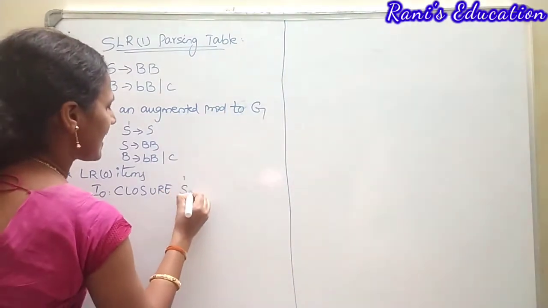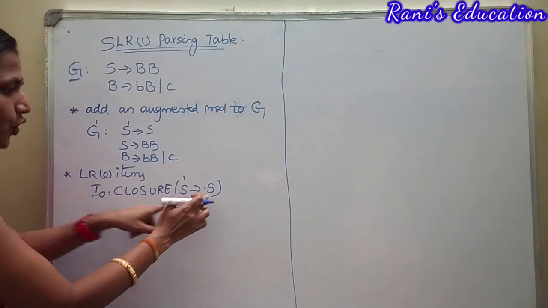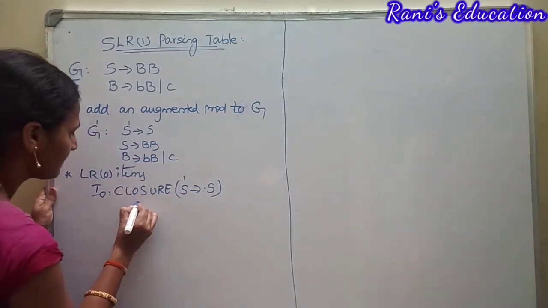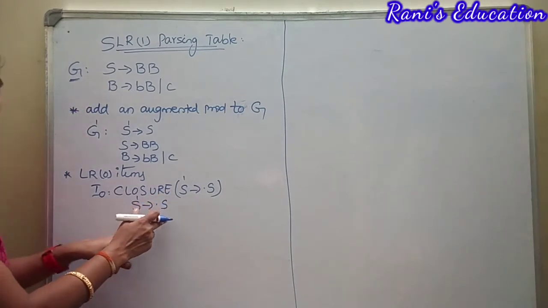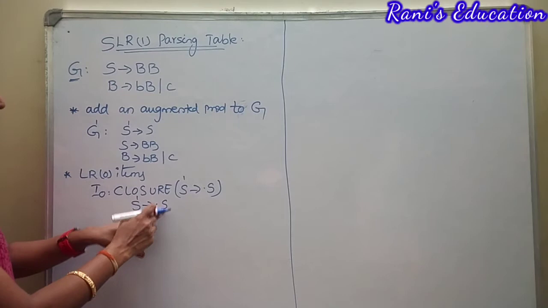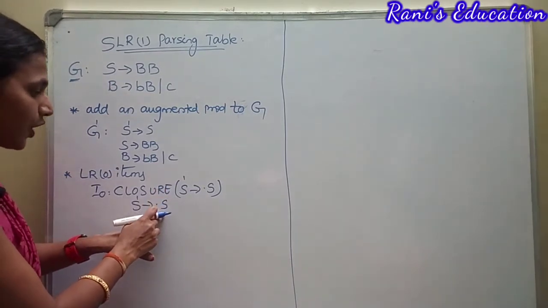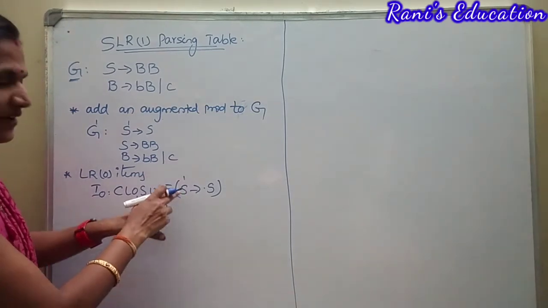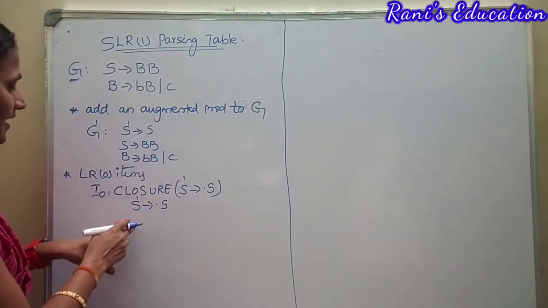Closure of S' → .S. First we copy this production as it is in the I0 item set: S' → .S. After writing it, we observe the body of the production. After the dot, do we have a non-terminal or terminal? If it is a non-terminal, we write its corresponding productions in I0.